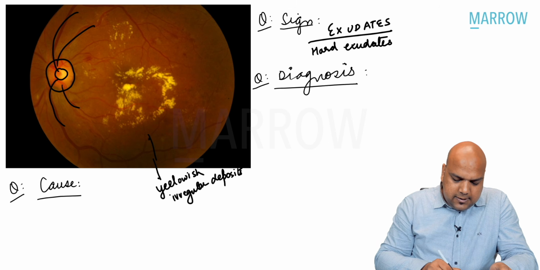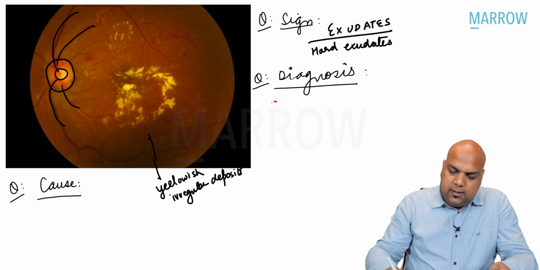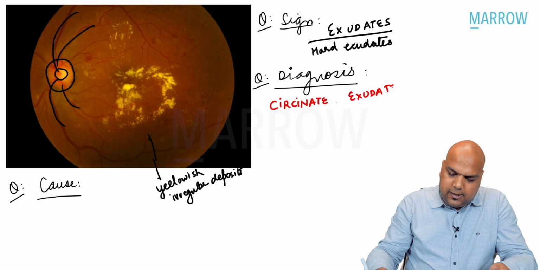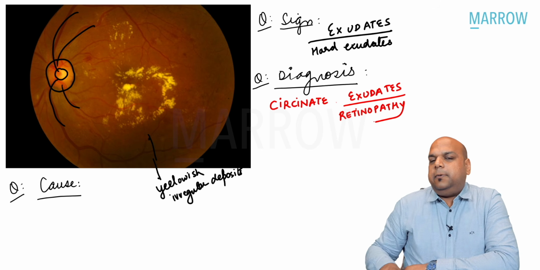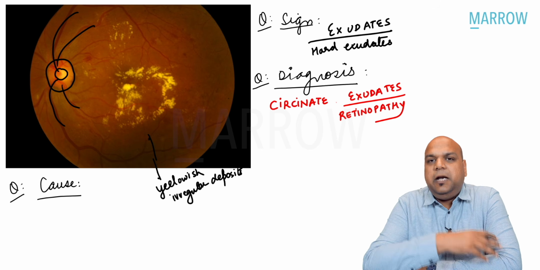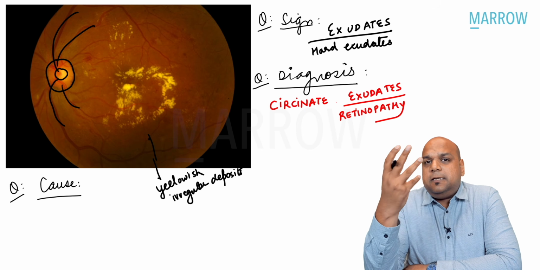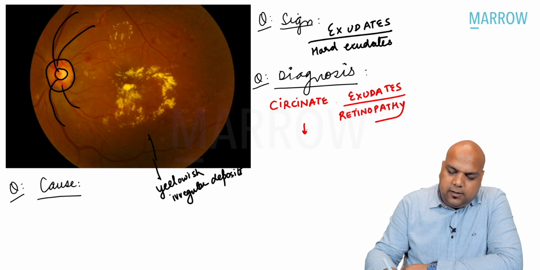This is a classic case of circinate exudates. Circinate retinopathy. That's what it gets the name. This is seen in cases of chronic edema. When there are hemorrhages, there is edema. So circinate retinopathy is seen in cases of chronic edema.